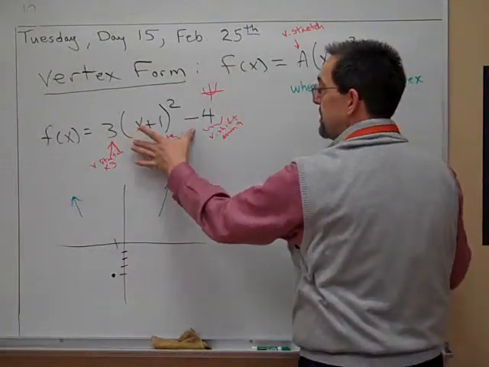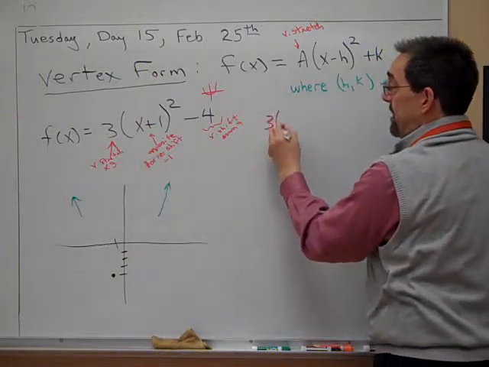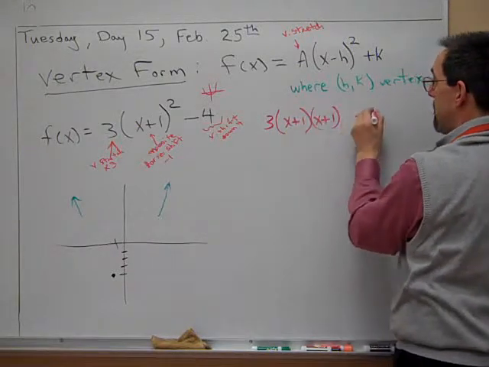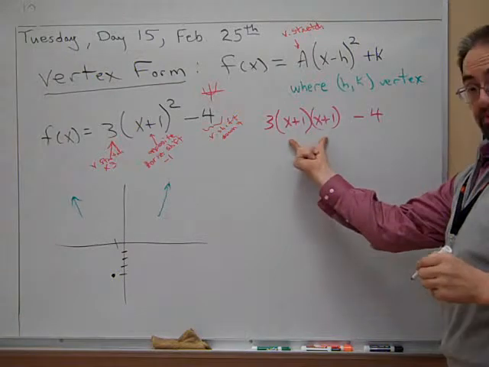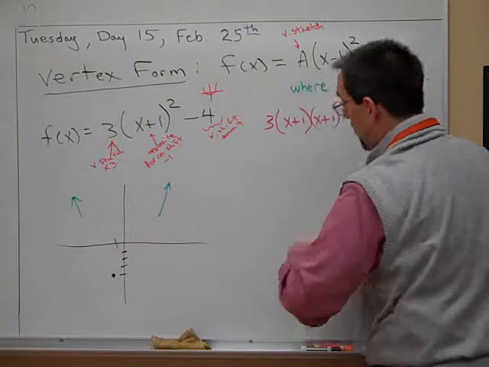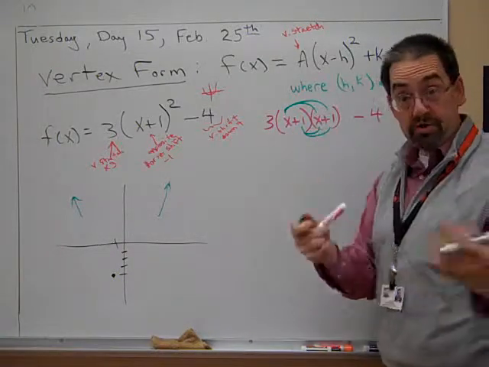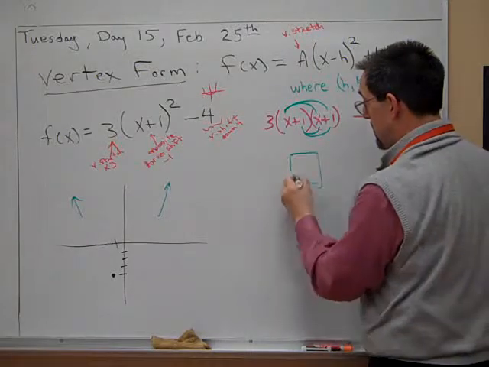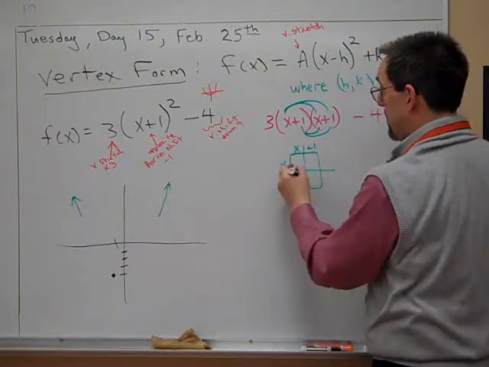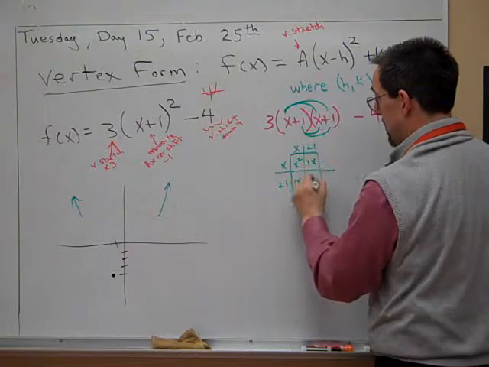Okay? So, let's take this and expand it. 3 times x plus 1, x plus 1, minus the 4. First thing we want to do, multiply all this together. We could FOIL it. That times that, that times that, that times that, and that times that. Or use the area model. X plus 1, x plus 1, x squared, 1x, 1x, and 1.